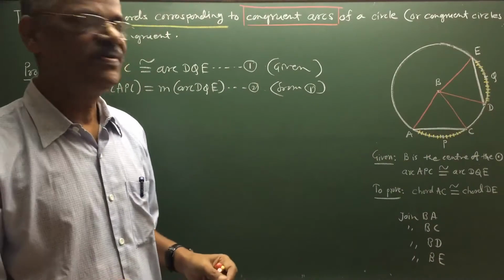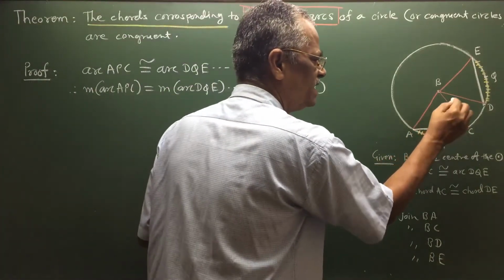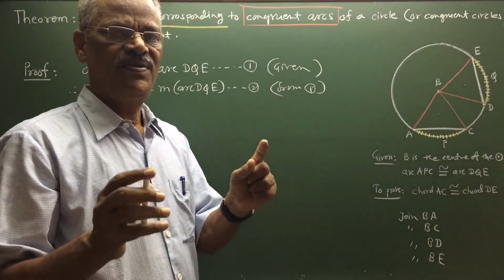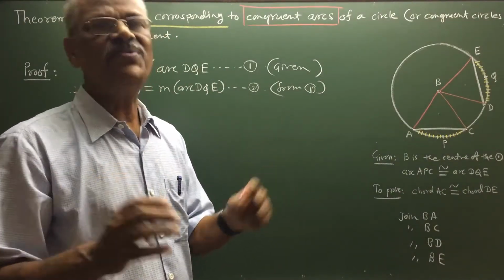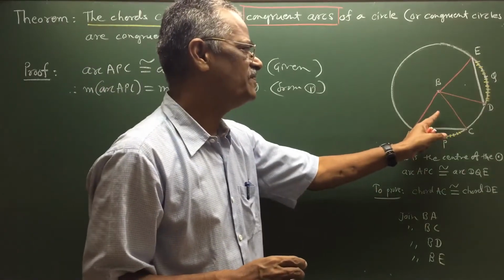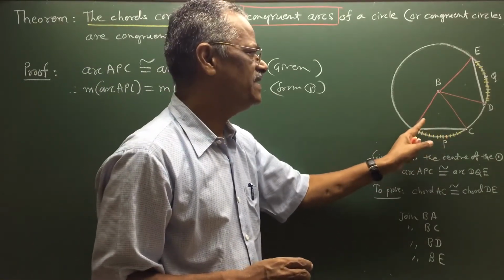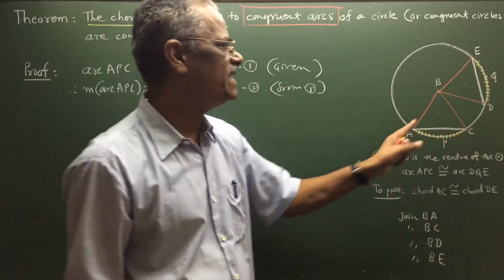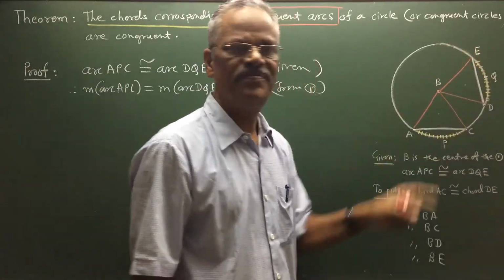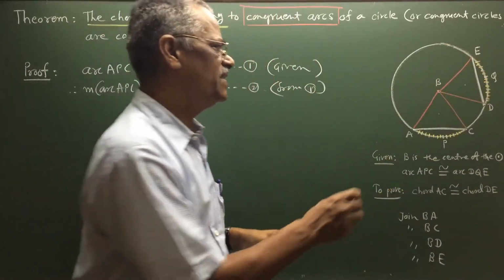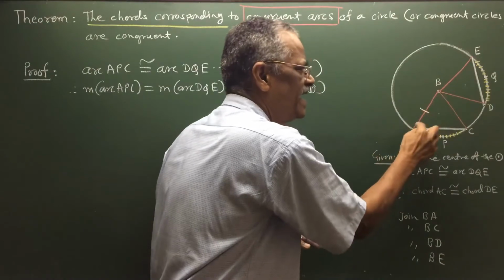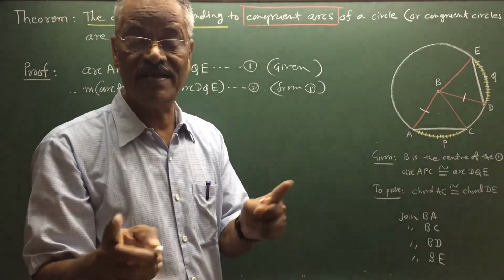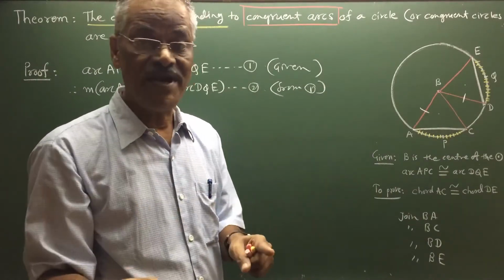If we join, we get two triangles, triangle number 1 and triangle number 2. Now we can compare the two triangles. The first triangle is BAC, and the second triangle is BDE. In the two triangles, BA and BD are radii of the same circle, so they are congruent.